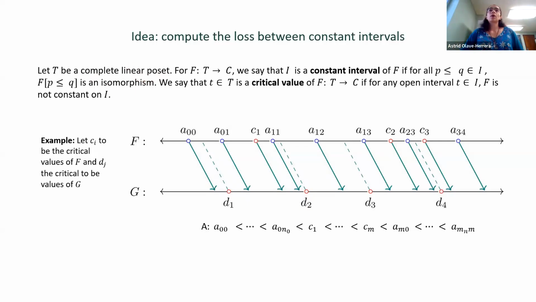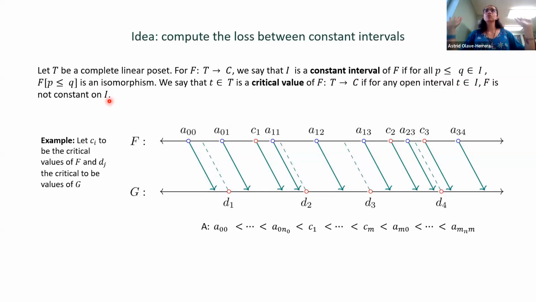We say that I is a constant interval of a module if for all elements inside the interval, the morphism associated with p smaller than q is an isomorphism. And we say that t is a critical value of that module F if any open interval that has t in it is not constant.